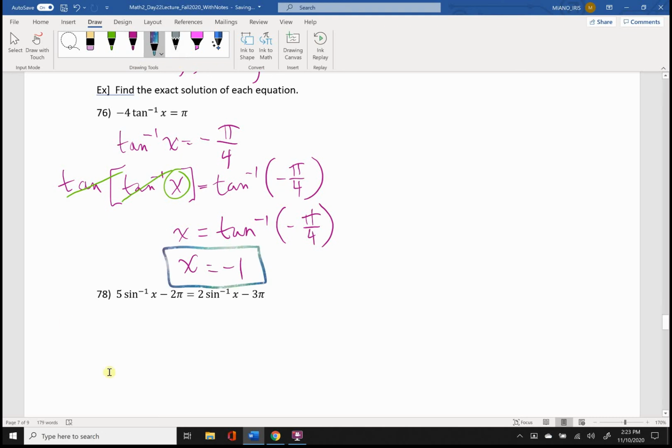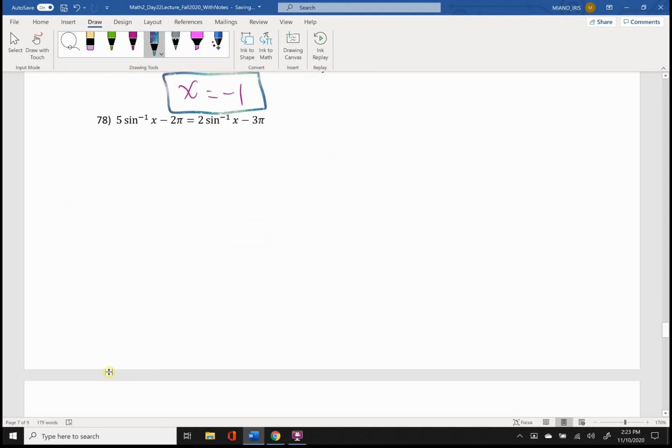Okay, let's do this one more time with a slightly more advanced problem. Here we're going to start off by combining like terms. So let's simultaneously add 3 pi to both sides. Add 3 pi. And then also subtract 5 sine inverse of x. Well, actually, we'll do that in another step.